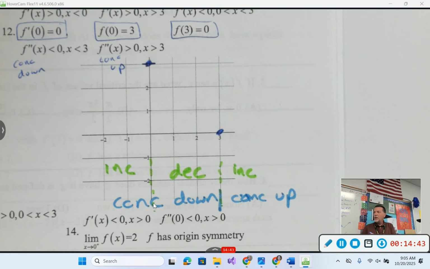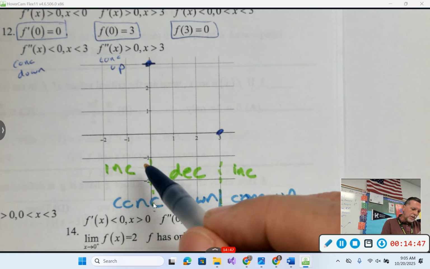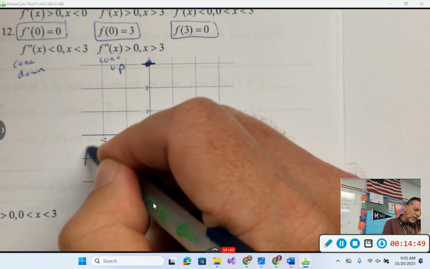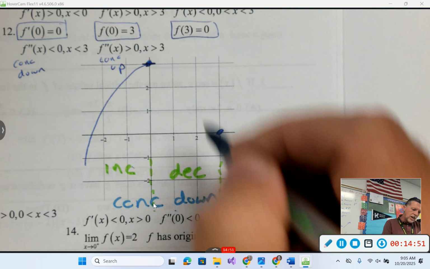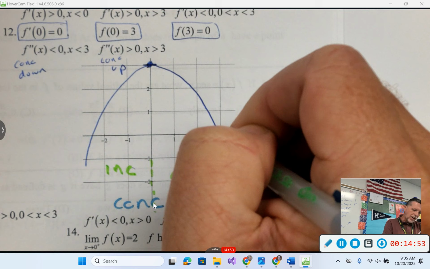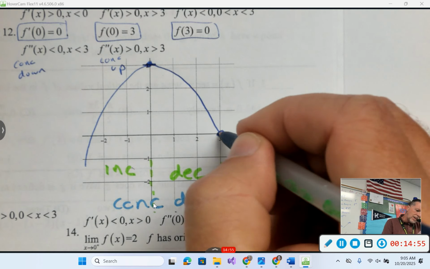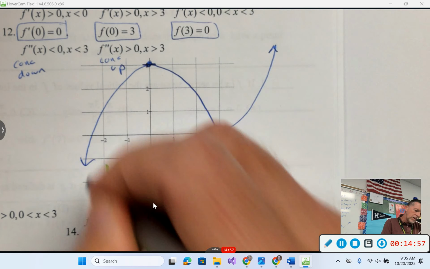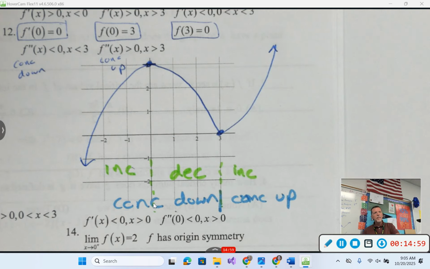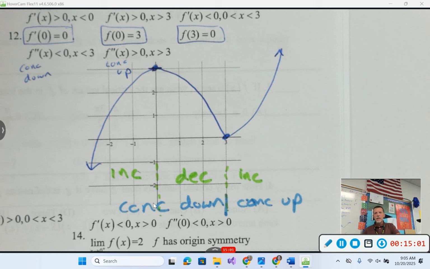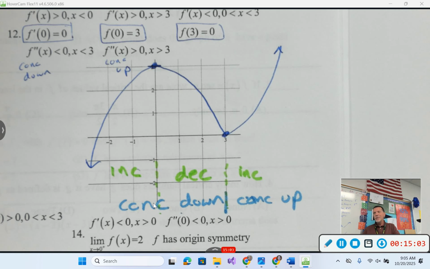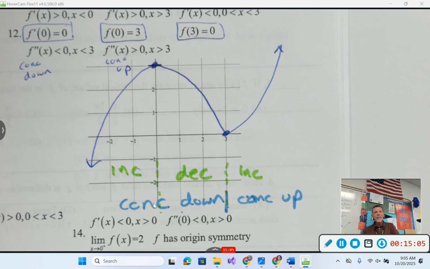So maybe it helps to write that on the graph. So I need to be increasing but concave down, and then decreasing concave down, and then increasing concave up. So something like that. If you can do that one, you got it. That's the hardest of the bunch.